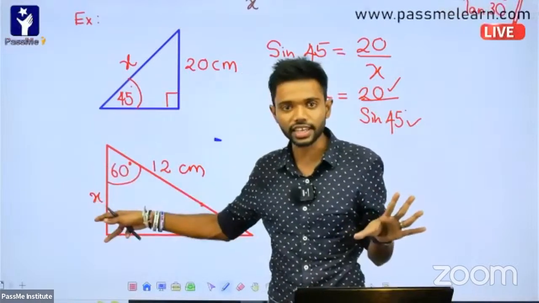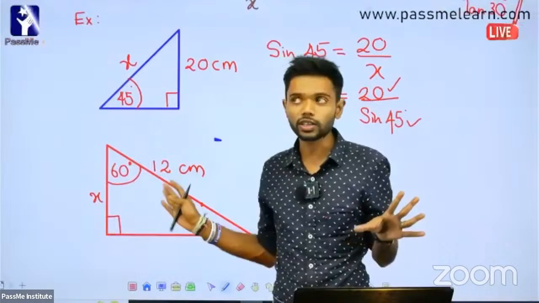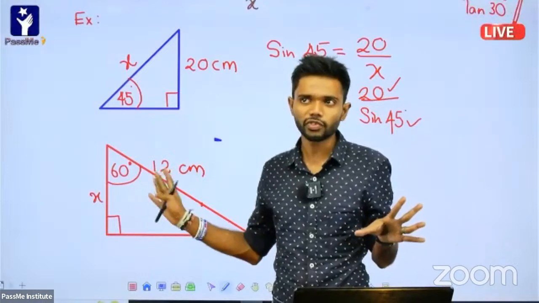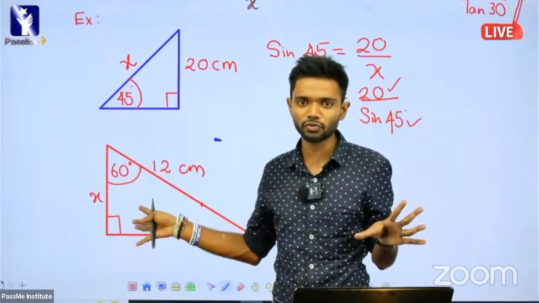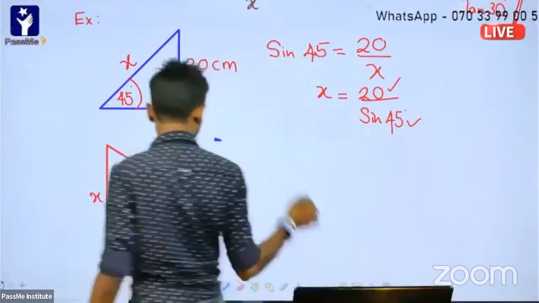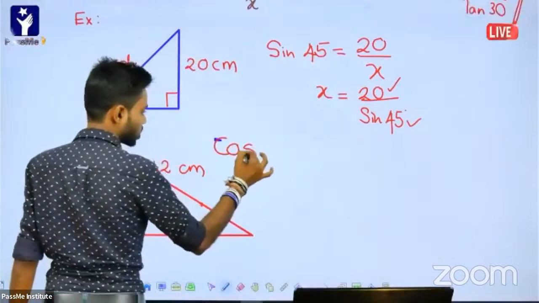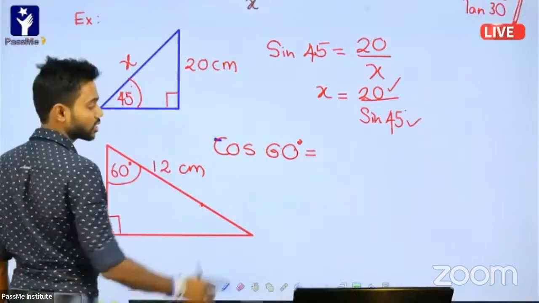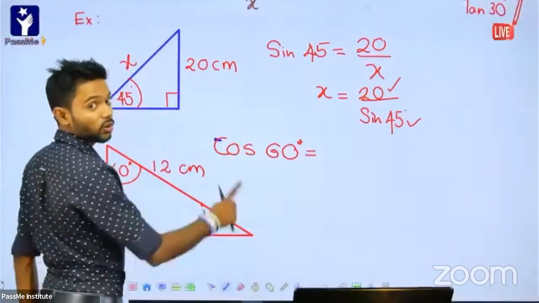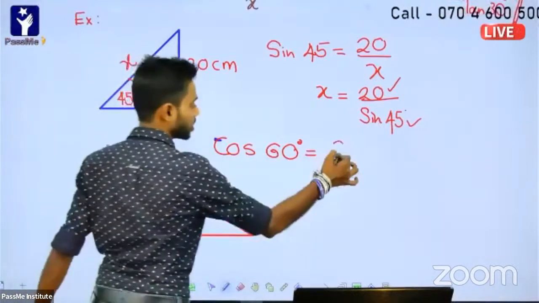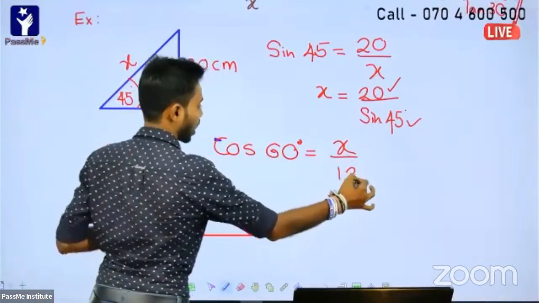This is the adjacent side, and this one is the hypotenuse. Adjacent and hypotenuse, A H. Which trigonometry ratio combines A and H? It is cos. Yes. Cos 60. Cos 60 is equal to the adjacent side x divided by the 12 hypotenuse.